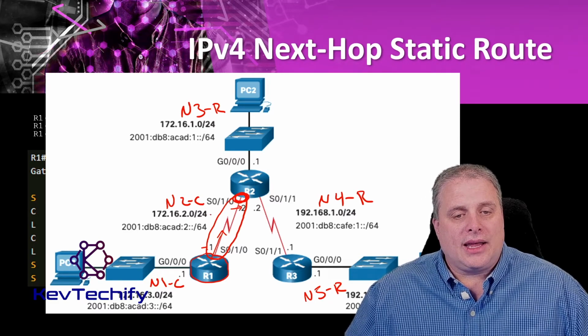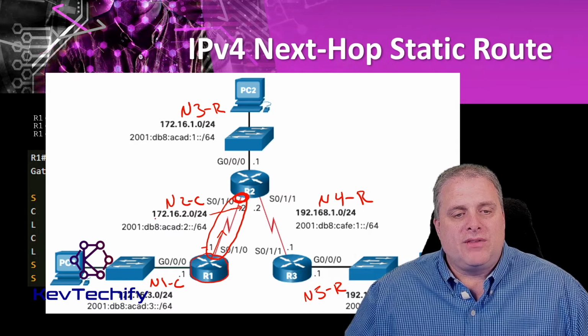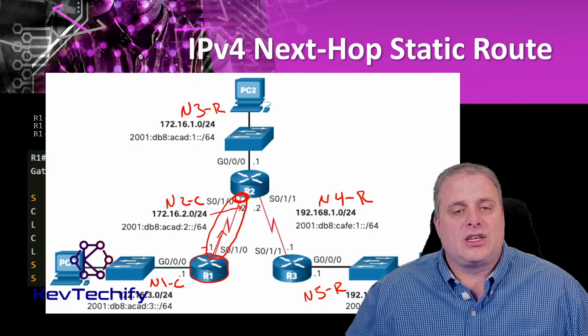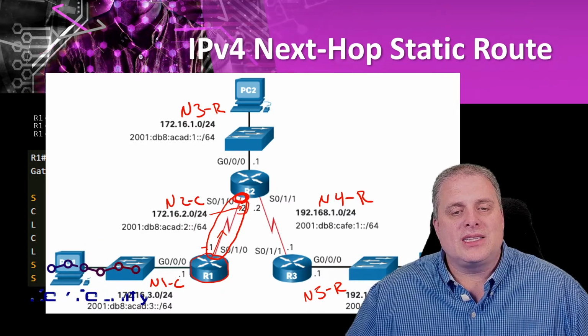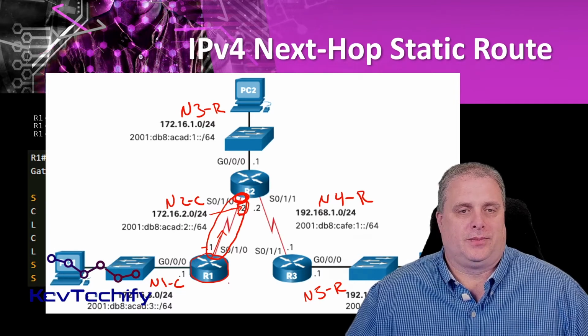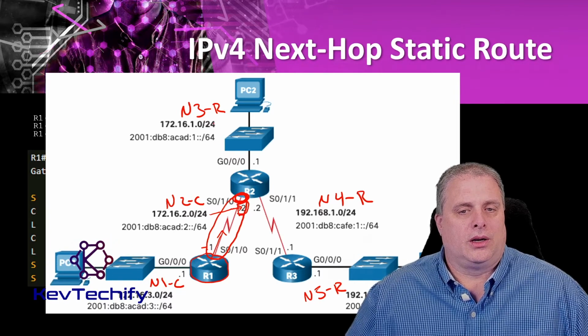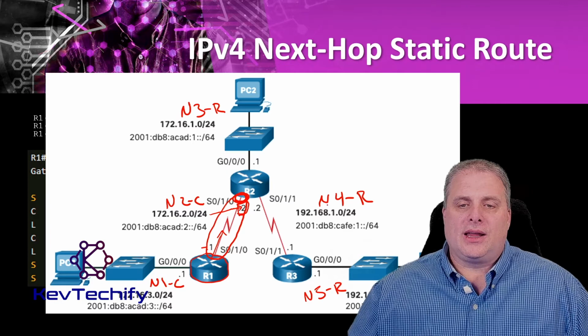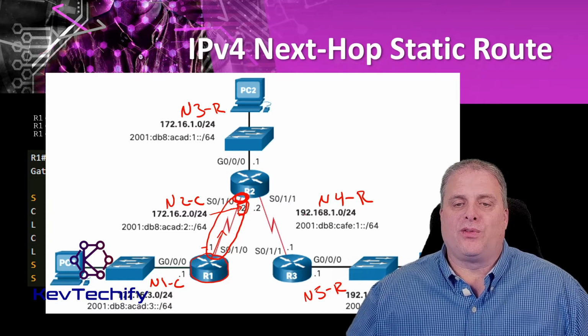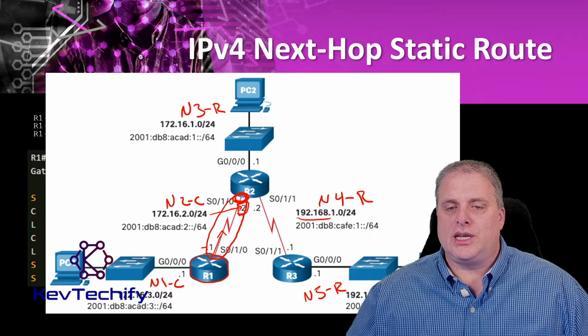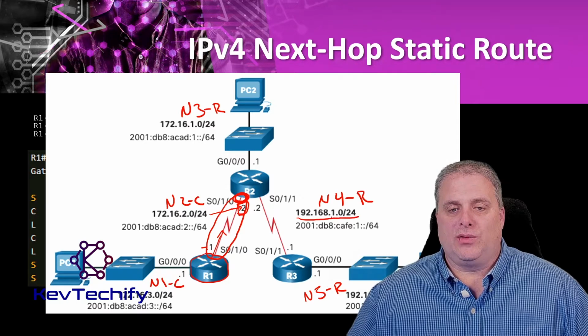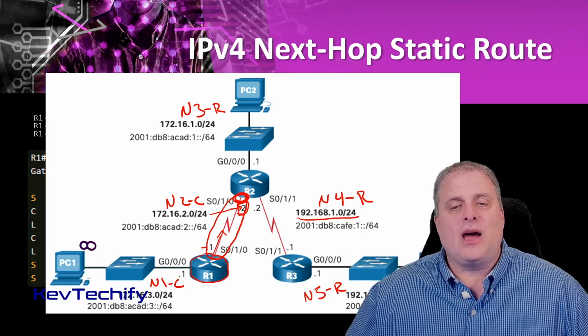And that gives us 172.16.2.2 as our next hop address to get to network 3. Okay, if we want to send information to network 4, 192.168.1.0/24, we want to send it to this network.